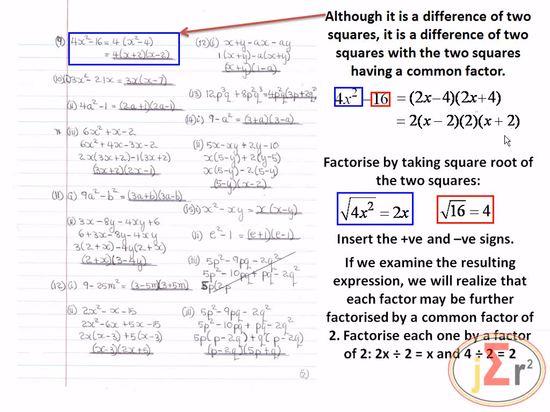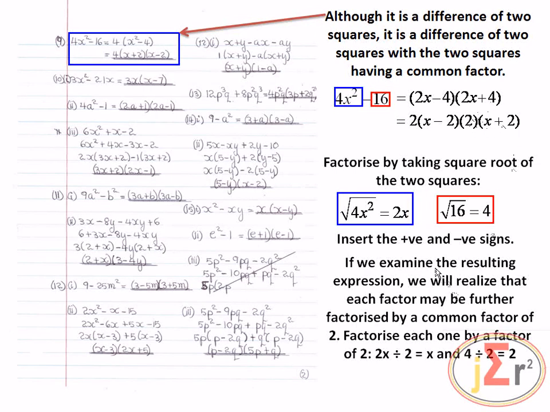So we take the common factor of 2 and say 2 into 2x is x, and 2 into negative 4 is negative 2. We then come here and we say a common factor of 2. 2 into 2x is x, and 2 into positive 4 is positive 2.